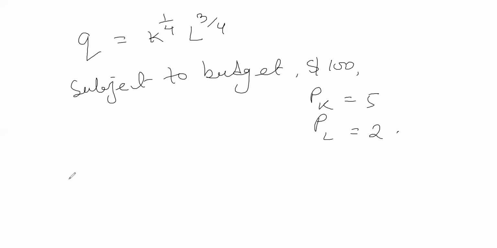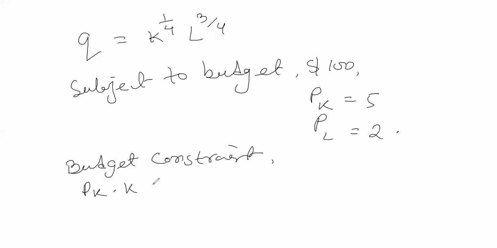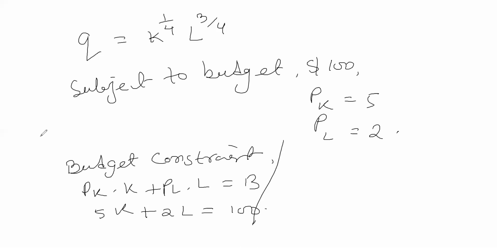So what you will do is, at first you form the budget constraint. Okay, let's do it. It is very simple. As we know, pk into k plus pl into l is equal to budget. So this is 5k plus 2l is equal to 100. So form the budget constraint, and then also form the Lagrangian function.